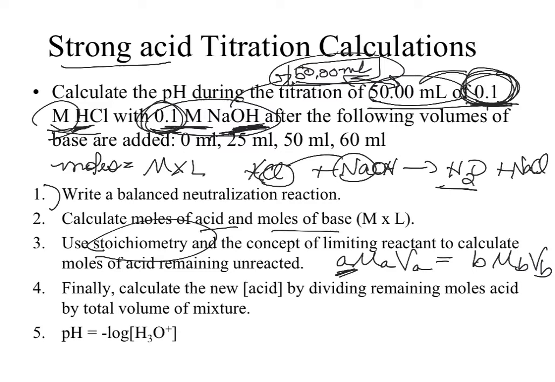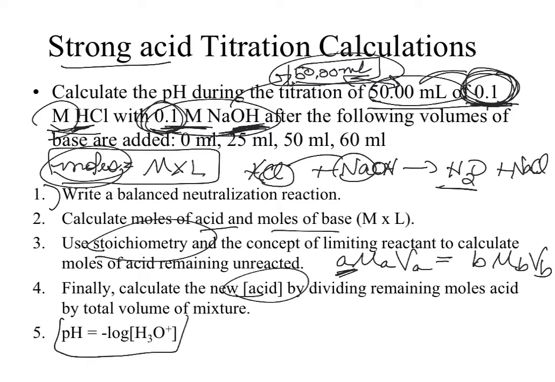Once you have multiplied molarity times liters and you have moles of each, the acid and the base, how do you get the concentration of the acid? Because remember, to get pH, we don't just need moles of the acid left at some point in the titration. We need concentration to get pH. So you would just take the moles that you've calculated and divide by the total volume of the solution.